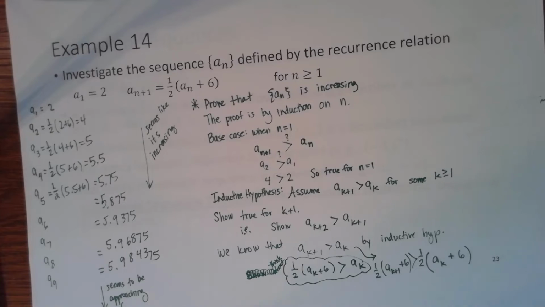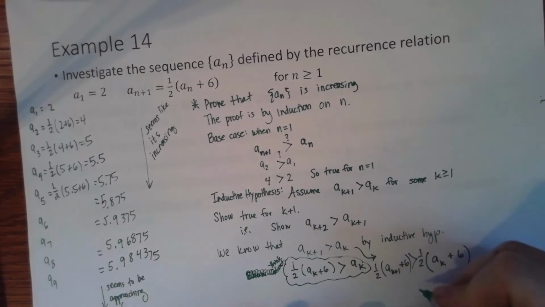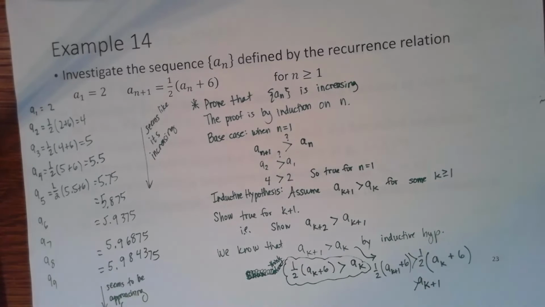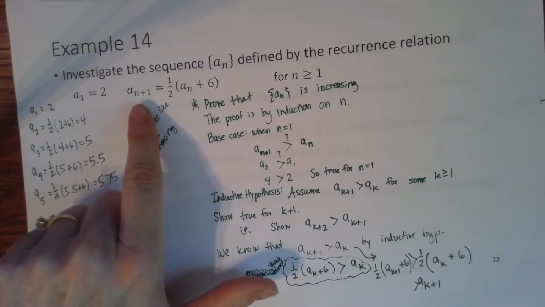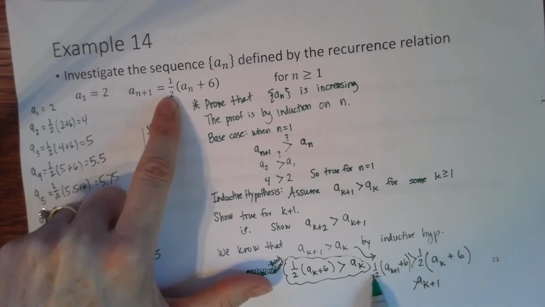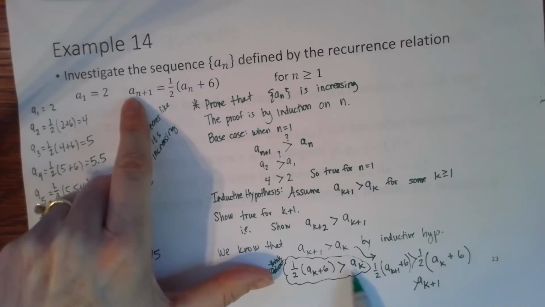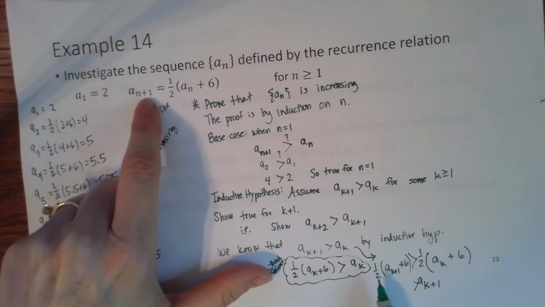So now that we have that, this one is a sub k plus 1, because I turned it into that. And if we go back to our definition, 1/2 of a sub k plus 1 plus 6 would be, I just add 1 to the subscript.